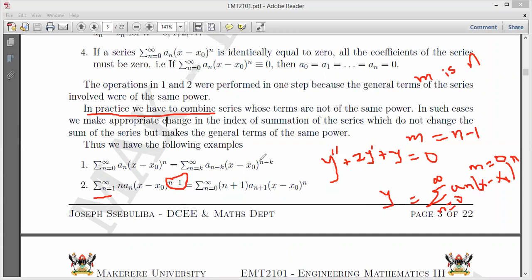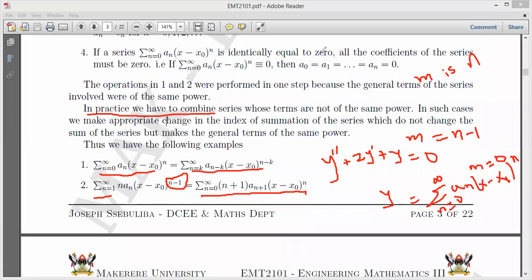So what am I doing? I am showing you how you can unify these indices. You can see that this index here has been reduced to this. And you look at this one here, it is now exactly the same as this one here.